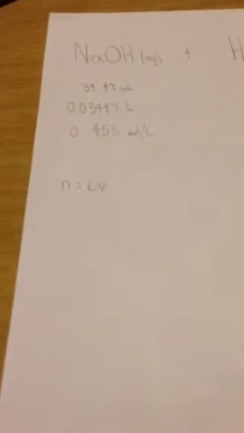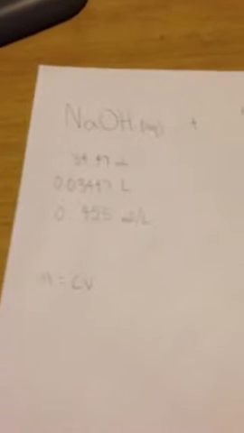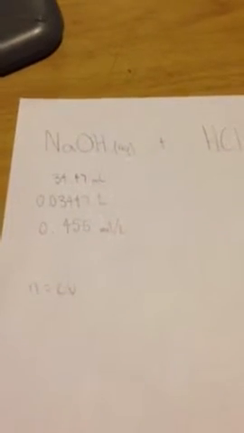So the reason we converted the milliliters into liters is because our equation for moles is n equals CV, and C is mole per liter. So we need to know how many liters we have, which is 0.03447. So now we can just plug in our numbers that we know.